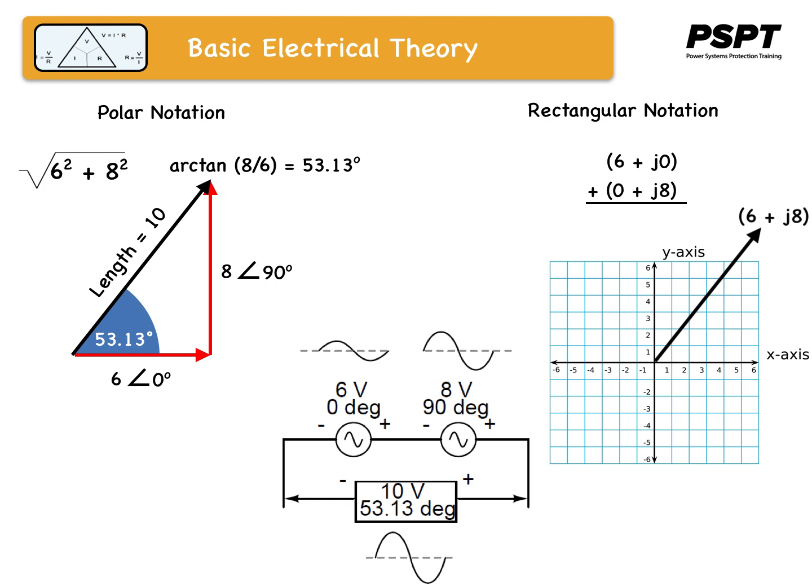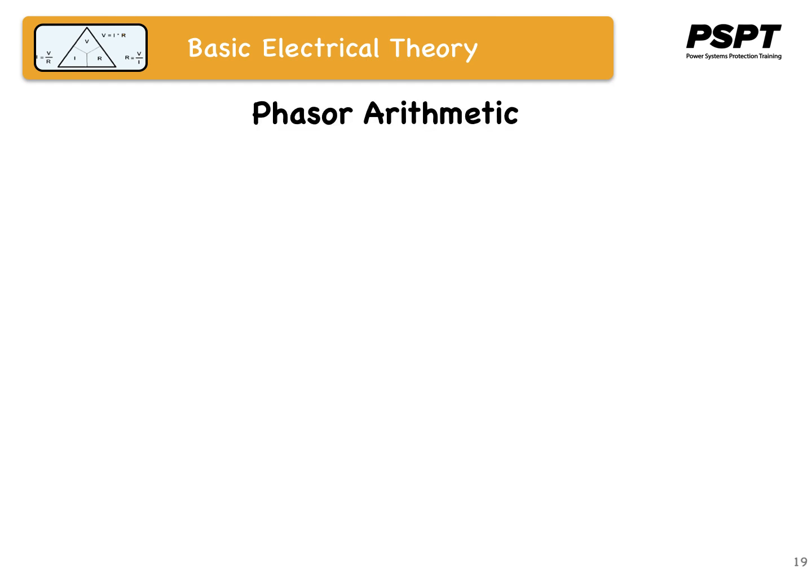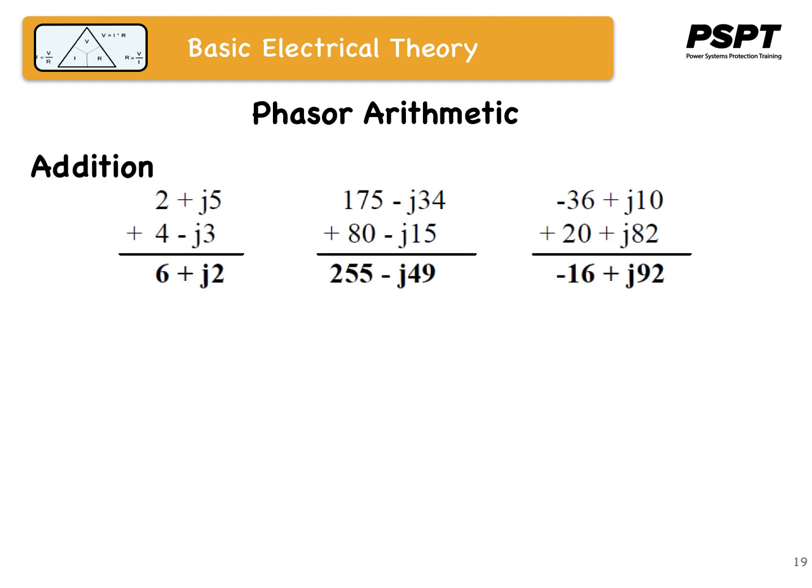So that brings us to looking at how to work with phasors in arithmetic. If you're adding phasors together, you simply add up the real components of the phasors to determine the real component of the sum, and you add up the imaginary components of the phasors to determine the imaginary component of the sum, as you see in this example.